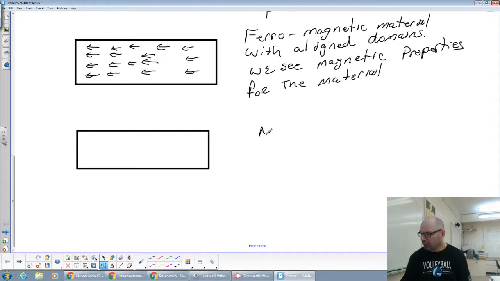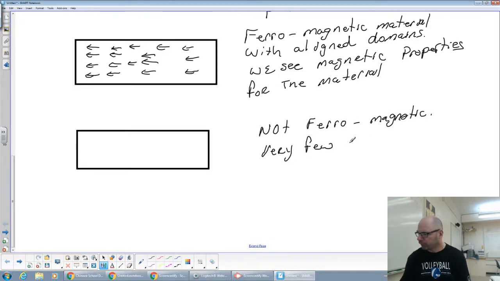Okay, if this is non-ferromagnetic or not ferromagnetic, very few domains are in the material. Very few atoms act as domains.